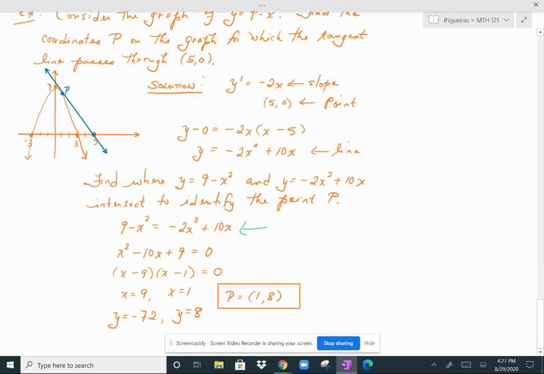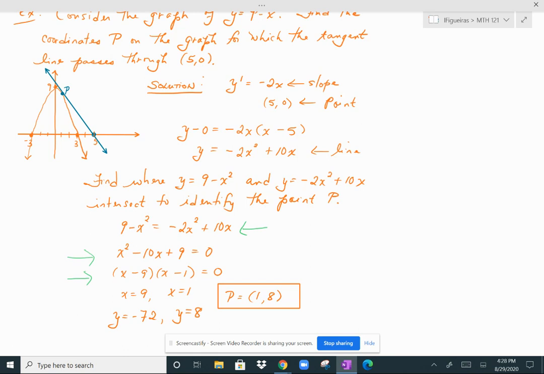So I decided to move all of my terms over to the left because basically I'm dealing with a quadratic equation. So when you add 2x squared and subtract 10x, you get this new equation, x squared minus 10x plus 9 equals 0. This is factorable, and you get (x minus 9) and (x minus 1). Those two factors equal 0, which means that x is equal to 9 or x is equal to 1.